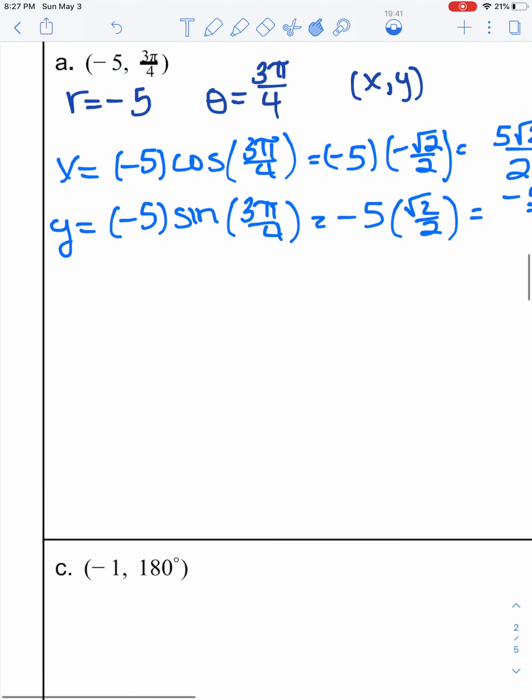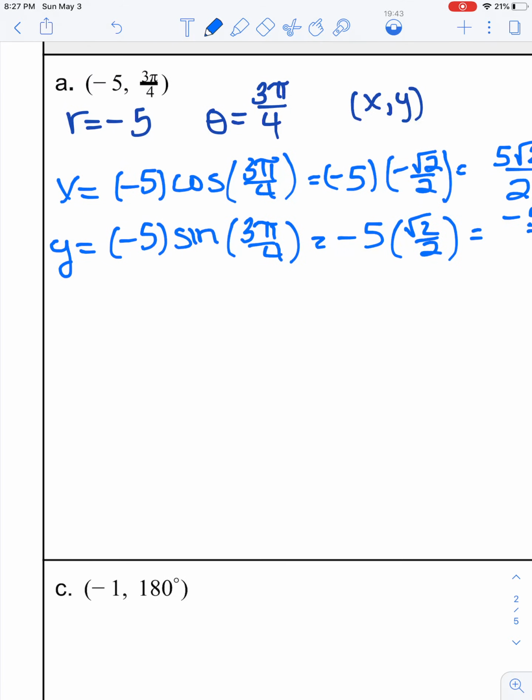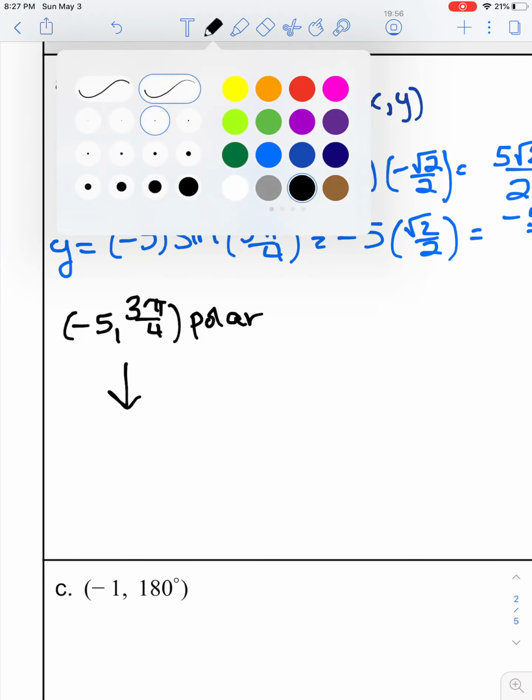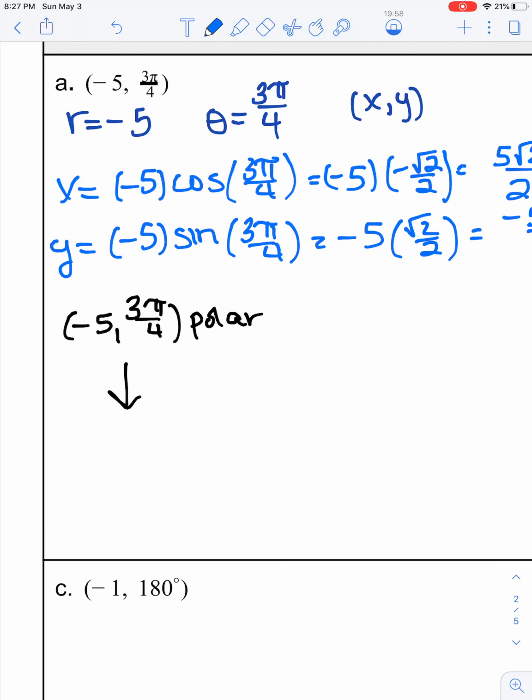So what we've done is we have taken the point -5, 3 pi over 4, in polar, and we've converted it to the rectangular point 5 √2 over 2, comma, -5 √2 over 2.